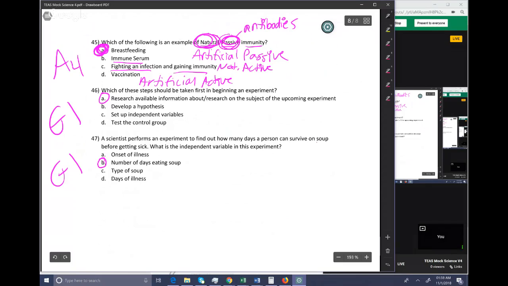What we're going to purposely mess with is the number of days that these people eat soup. What we're going to measure, so the dependent variable, is the onset of illness. So what we're looking for in measurement is when the illness comes on. That would be your dependent.